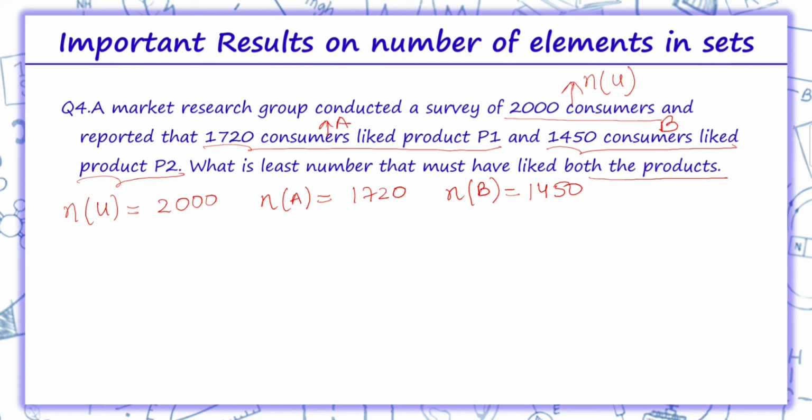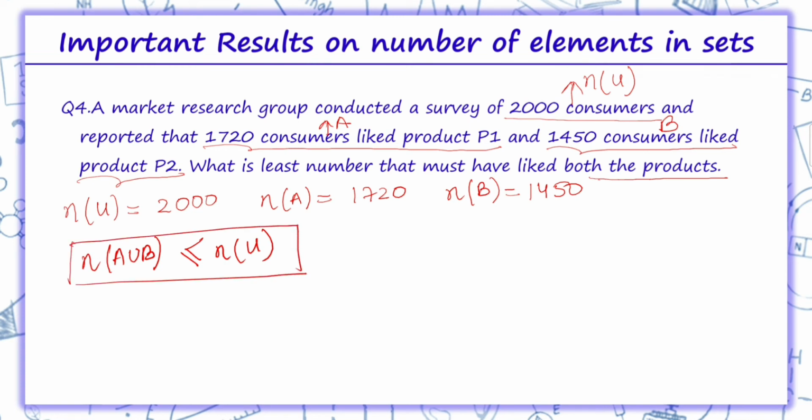So for calculating the least number, we should know A union B should be less than or equal to the universal set. Because they are saying liking both the products, we have to find basically A intersection B, but since they have used the term least, therefore we know A union B is less than or equal to the universal set only, because A union B is not given.